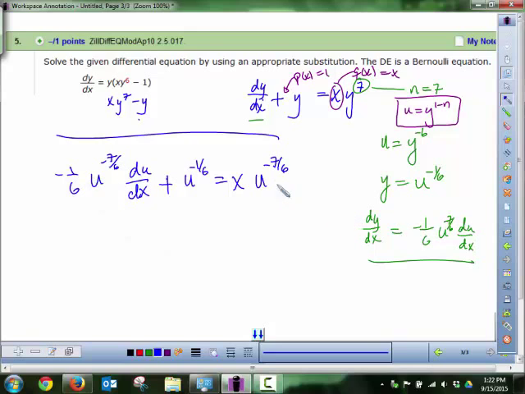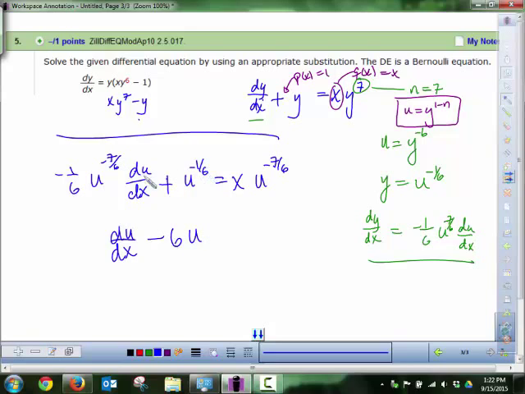So this is where the magic happens. This divided by all the way through, and then we'll throw a divided by negative 1/6, so we're multiplying by negative 6. So du dx gets multiplied by negative 6, and this becomes a u, right?